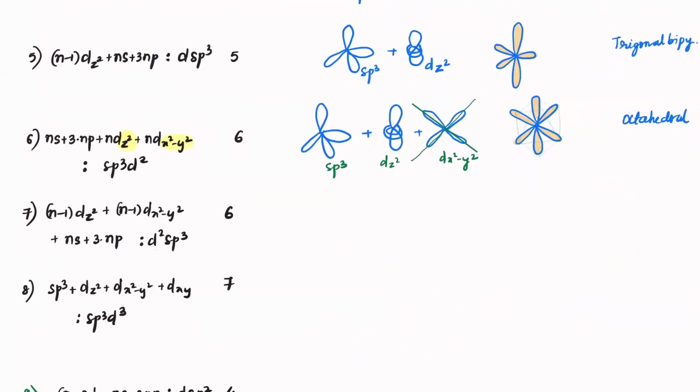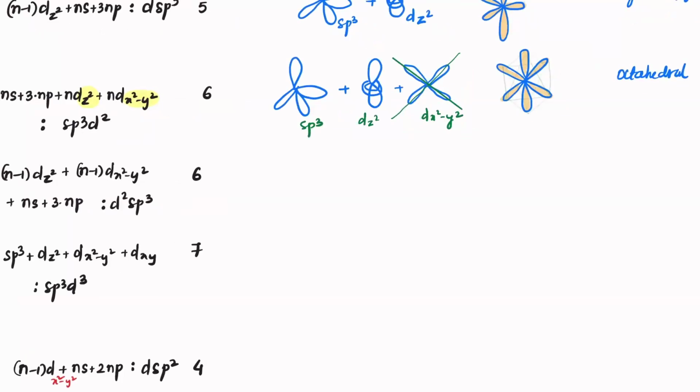Next, 6. In case you have 6, you get the same octahedral form, on which you are adding one more orbital. Let me first put the octahedral orbital. This is sp3d2, this is d2sp3. First let me put the octahedral here, like this, with a lobe above and below.